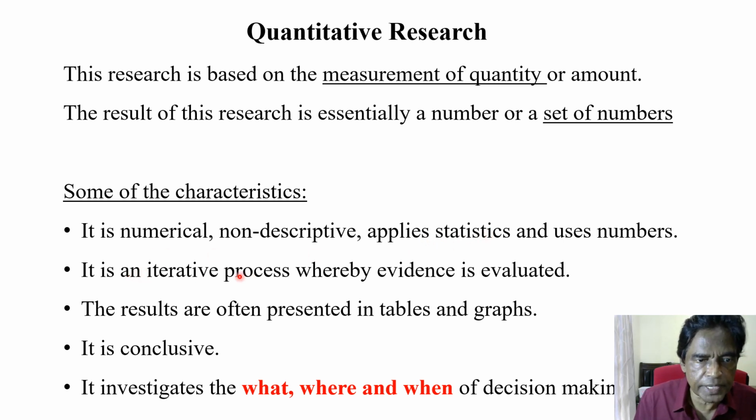It's an interactive process whereby evidence is evaluated from the numbers, often presented in terms of tables and graphs. Right? Table, we can say demographically the patient's gender or age, ethnicity. We can say what's the average BMI for each characteristic, and graphs.